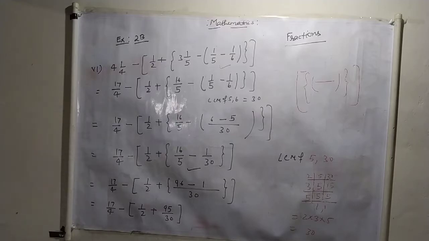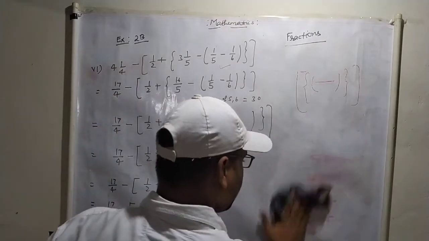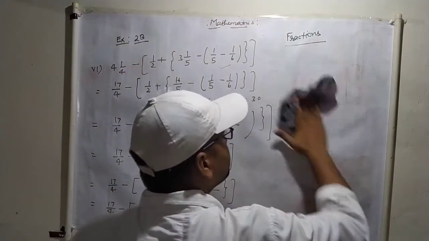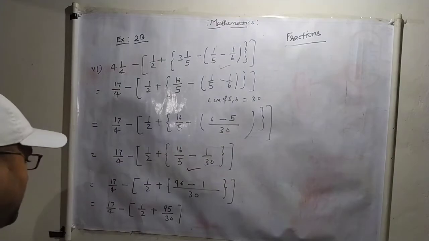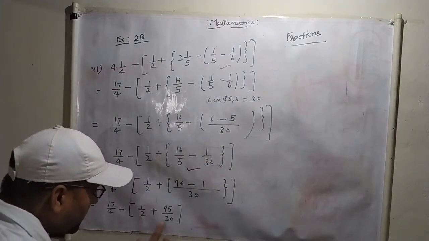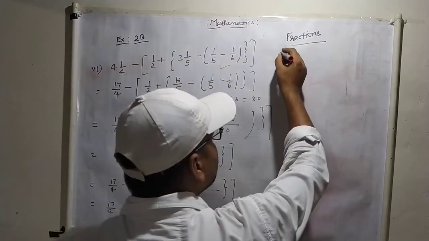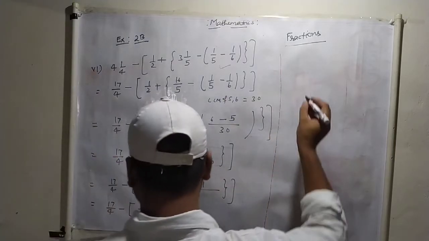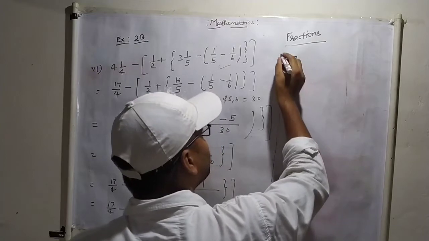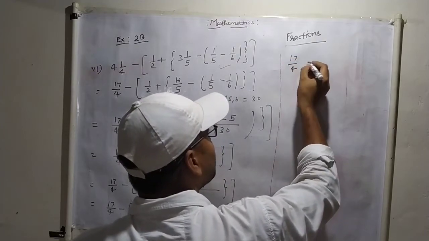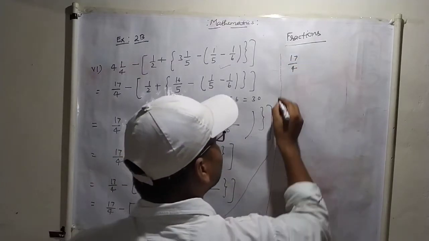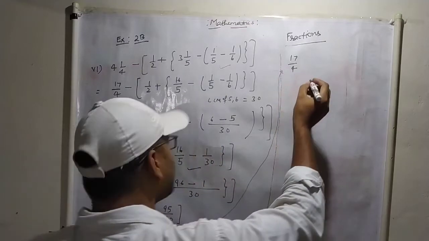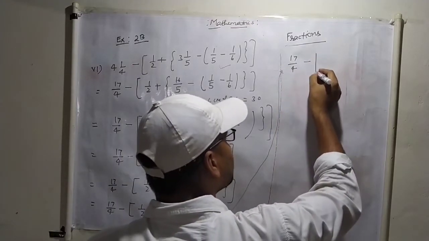Then, I'm going to do the next step. Taking the LCM of 2 and 30. LCM of 2 and 30, again you will get 30. So 17 upon 4 minus square bracket.